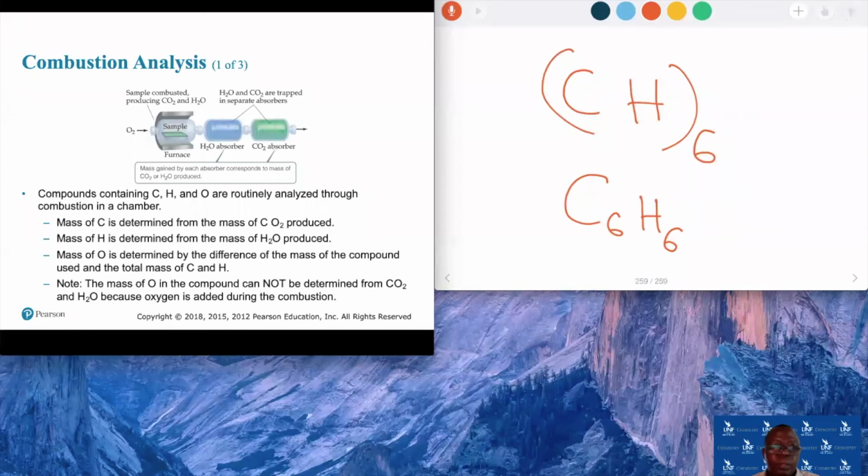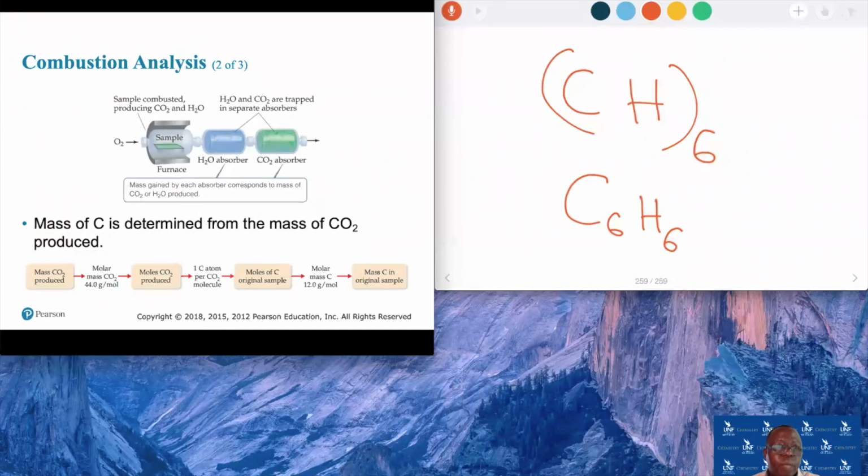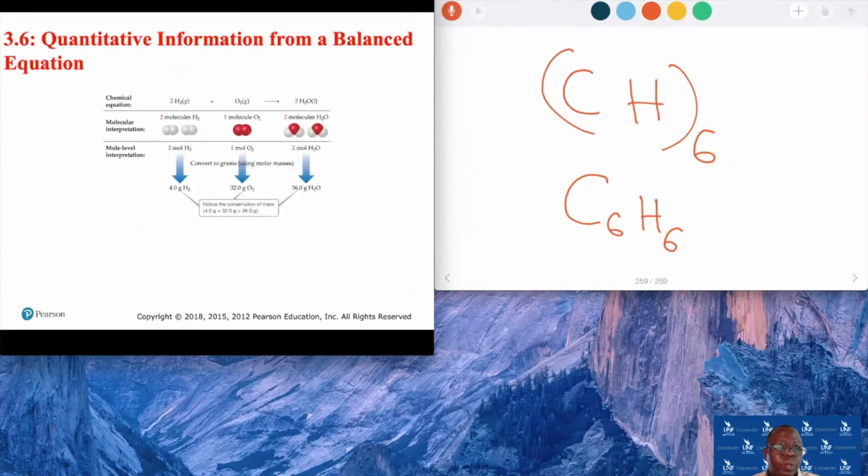All right. Well, I want to just fast forward to quantitative analysis. Forget about the combustion analysis. I want to get to quantitative information on a balanced equation. Remember the balanced equation.